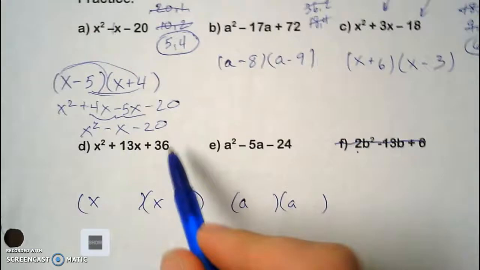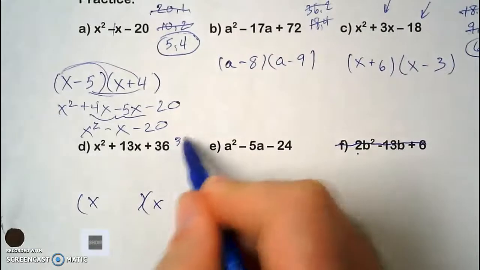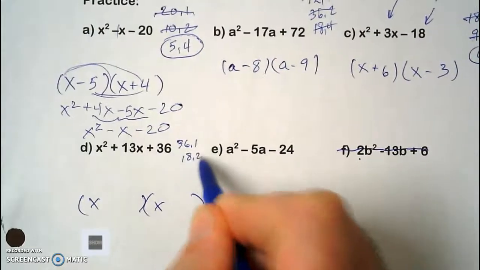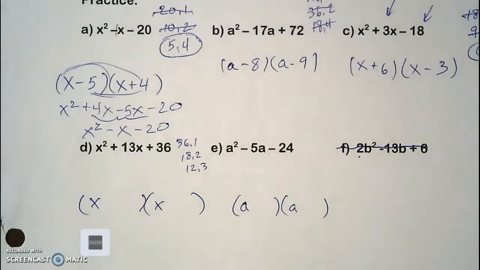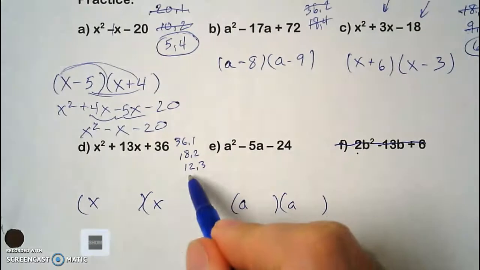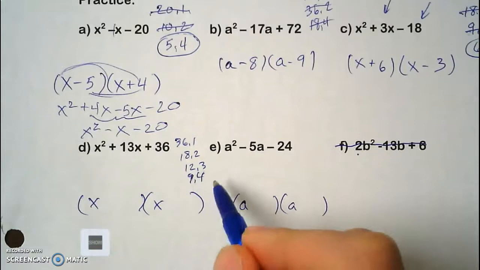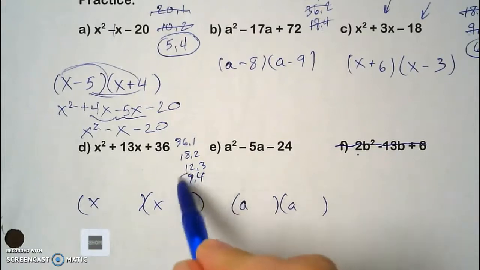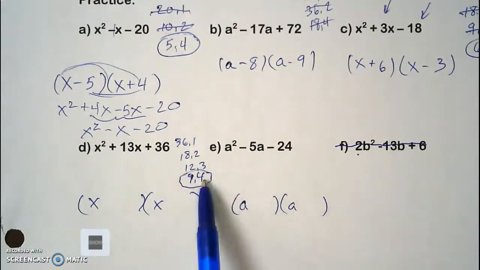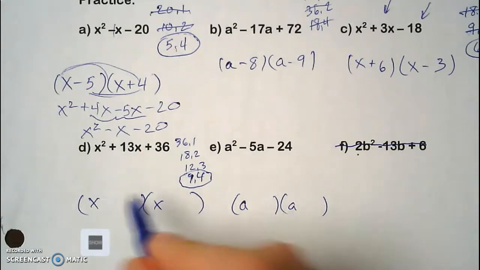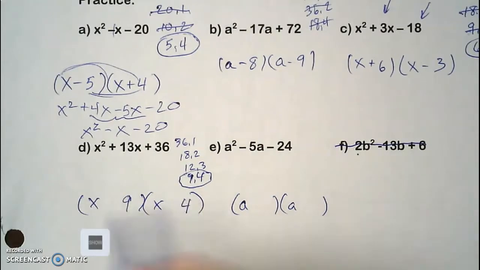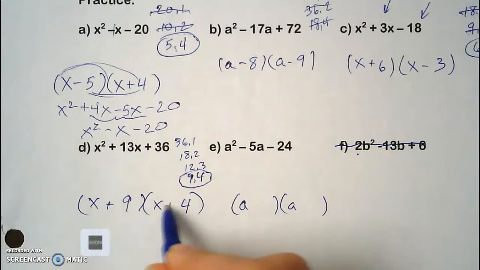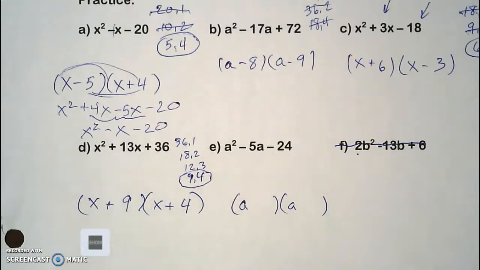And here we go. 36. Well, we have 36 times 1, 18 times 2, 12 times 3. And we have 9 times 4. I think I just found it. I don't need to write 6 times 6 because 9 and 4 will add to 13. The 9 here, the 4 there. And they're both positive because they add to positive 13.